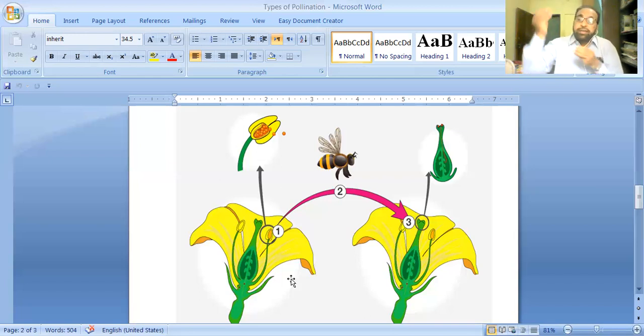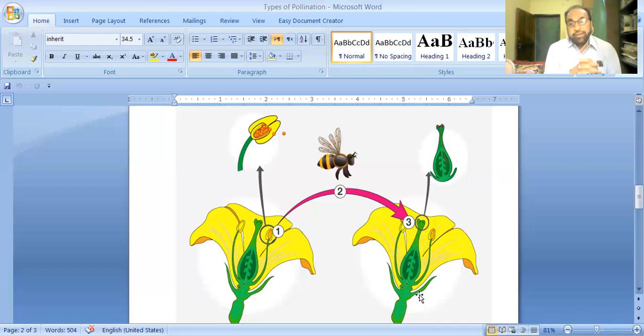So ultimately, they are unable to transfer pollen grains within the same flower. The pollen grain has to migrate from one plant to another plant where the style length is matching and the maturation period is also the same. This is called heterostyly.